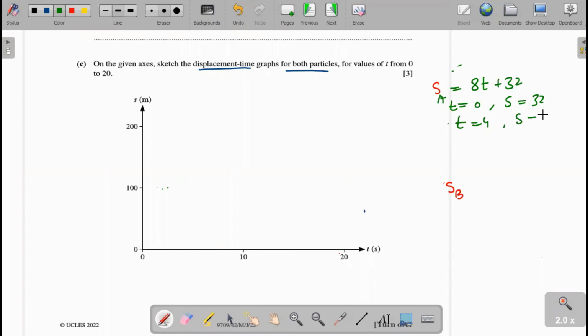Then s will be equal to 8 times 4 is 32, plus 32, 64. Now we take 2 points and draw the graph here. This point is 32, and the value of t equal to 4 is 64.